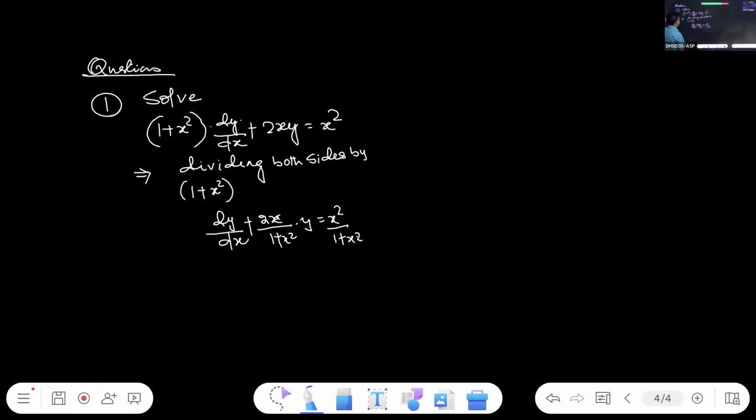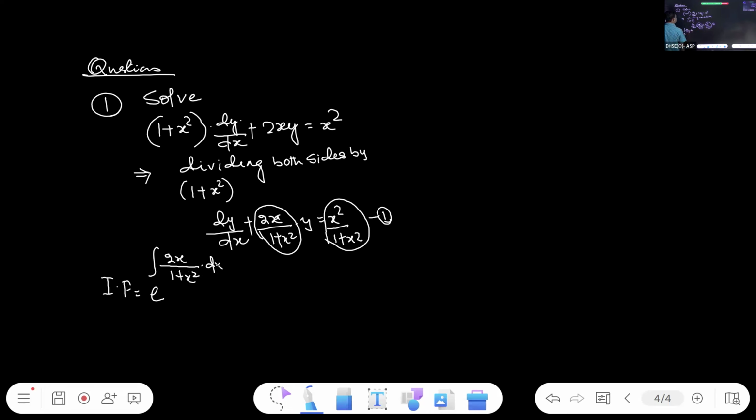Now the equation is in the form of dy upon dx plus py is equal to q. What is p here? p is equal to 2x upon 1 plus x square. q is equal to x square upon 1 plus x square. Let the equation be equation 1. Now we have to find the integrating factor. Integrating factor IF is equal to e power integral p dx, e raised to the power integral 2x upon 1 plus x square dx.